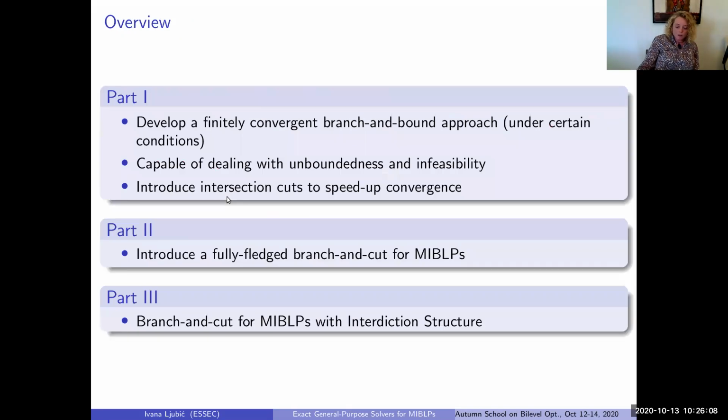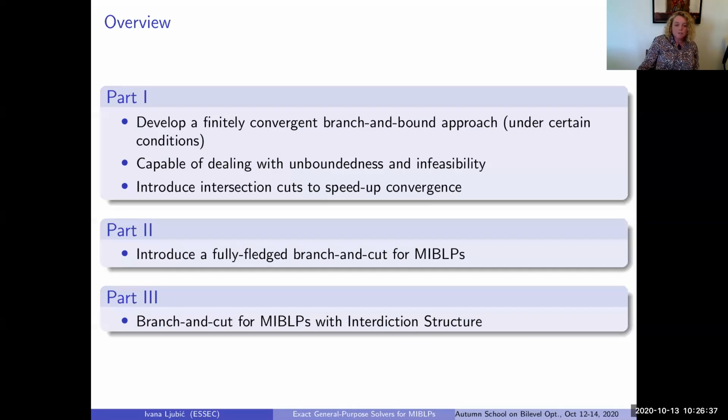Okay, so the way I have organized the rest of my presentation is as follows. In the first part of this tutorial, I will talk about how we can develop a finitely convergent branch and bound approach, and under which conditions we can do that. I will also show you some difficulties along the way, how we can have unboundedness and infeasibility issues.